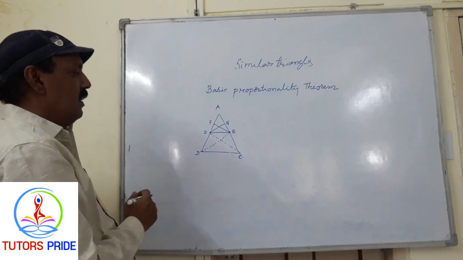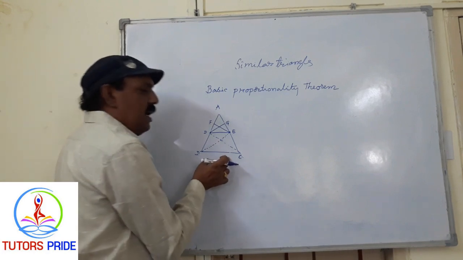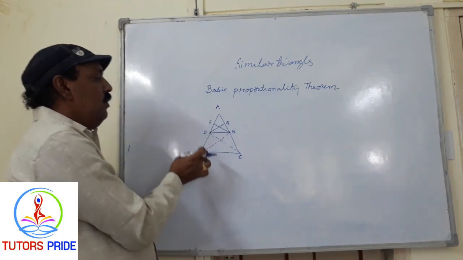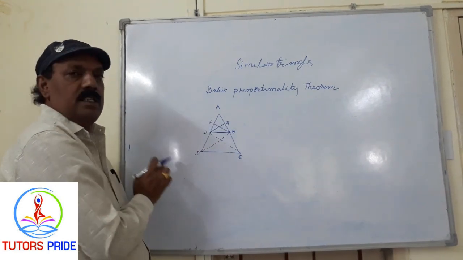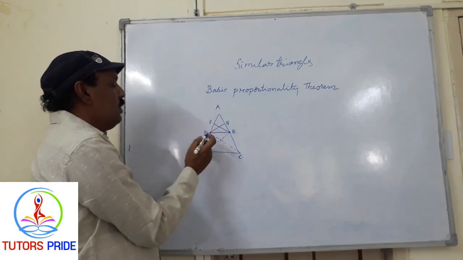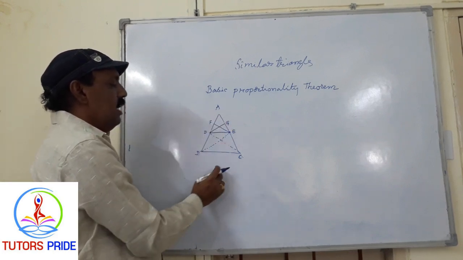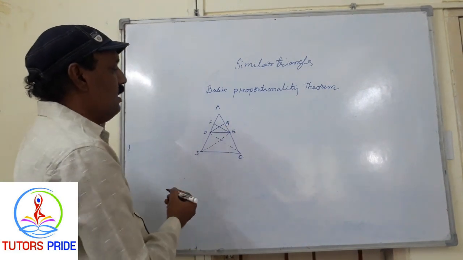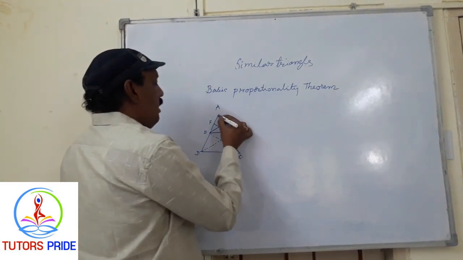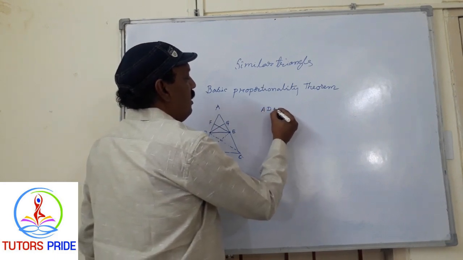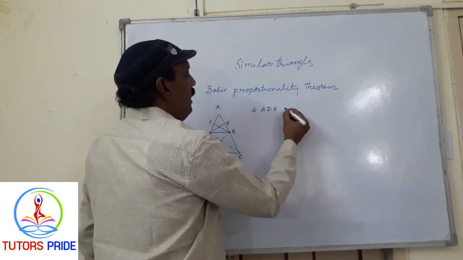Now, after this, in this triangle we are taking four triangles. First of all, I am comparing two triangles. What are the two triangles I am going to compare initially? The triangle ADE.